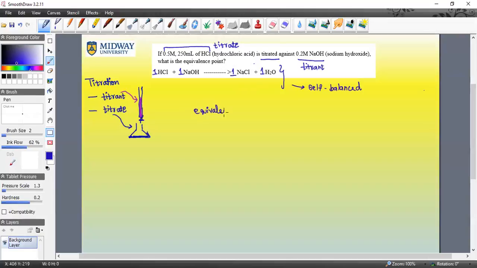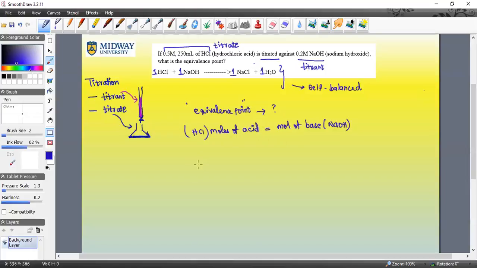Again, equivalence point, typically, at least it means that, okay, when your moles of your acid, well, hydrochloric acid is your acid, is equal to moles of base, which in this case is your sodium hydroxide. When this situation happens, that means typically you should have equivalence point, and this is what it's asking you to calculate.